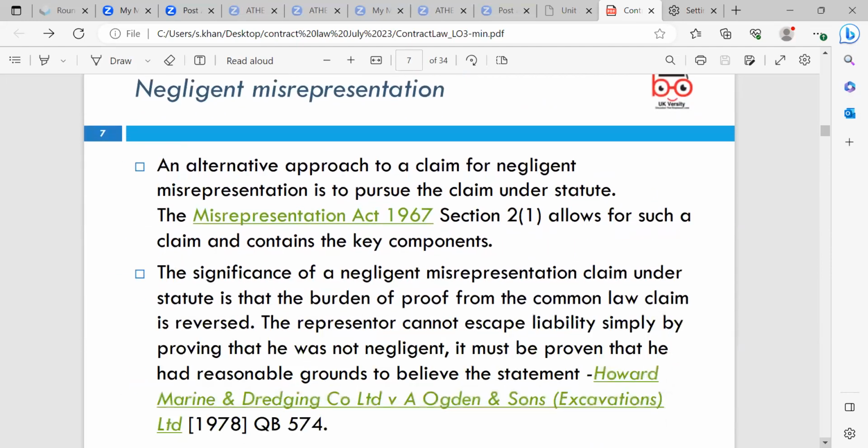Then we've got negligent misrepresentation. In this case, an alternative approach to a claim for negligent misrepresentation is to pursue the claim under statute law. The Misrepresentation Act 1967, Section 2, subsection 1 allows for such a claim and contains the components. The significance of a negligent misrepresentation claim under statute is that the burden of proof from the common law claim is reversed.